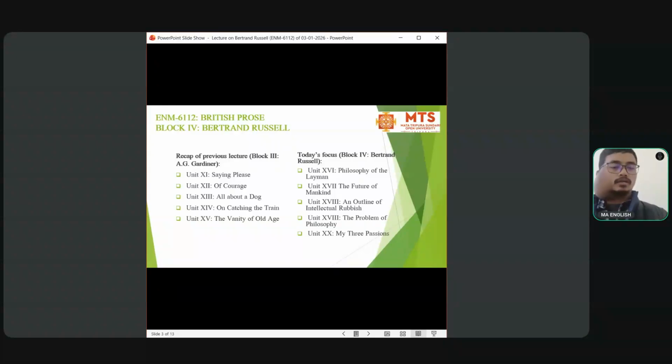In unit 13, Gardiner reflects gently and in a humorous style, using a dog as a central subject. He highlights human emotions such as sympathy, kindness, and affection.